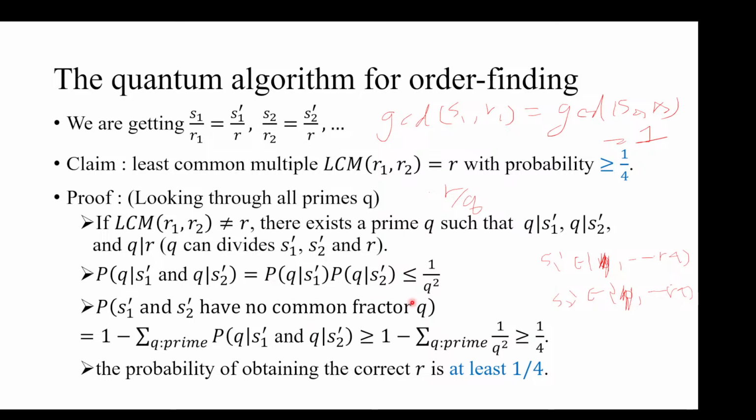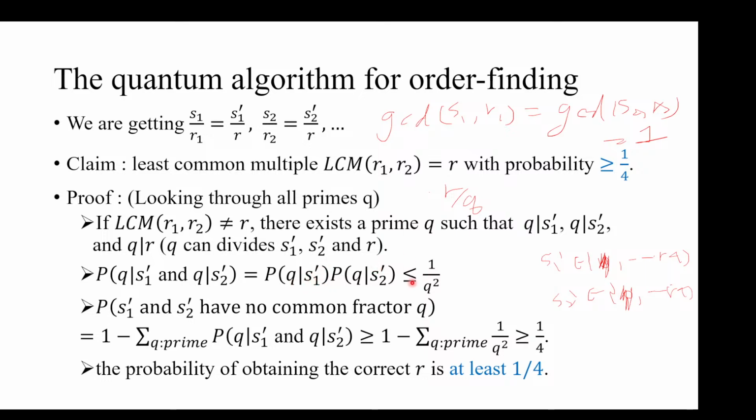And then because it's uniformly random, you can easily see that each of the probabilities will be less than 1 over q, because every single q can have q possible residues, and only when it's zero mod q will this number be divisible by q.